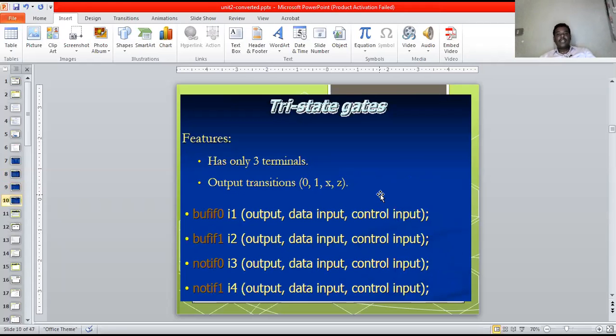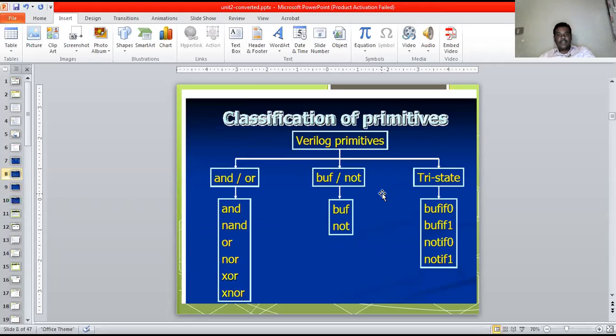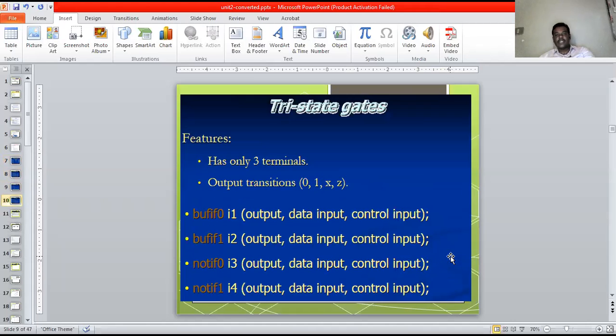Now I'll talk about our next type of primitive gates. We talked about the classifications of the primitive gates. We already discussed the syntax of the AND gate, and the syntax for representing the primitive buffer and NOT gates. Now I'll see how to represent these tri-state gates. What is the syntax representation of the tri-state gates here?